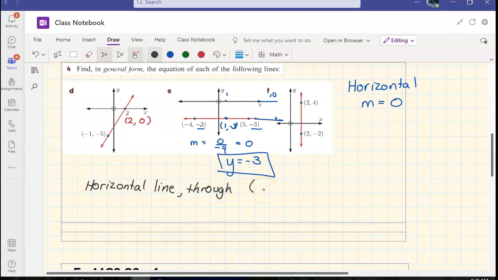Well, 4 would not be a good point to give me, because how do you know what the values are? So it'd be 4, but then give another, 7. So if it's through 4, 7, no working is needed. Horizontal, I'm picturing in my head, it's going across like this, slope 0. I get y equals 7 because it has to go through the y value of that point. Does that make sense?